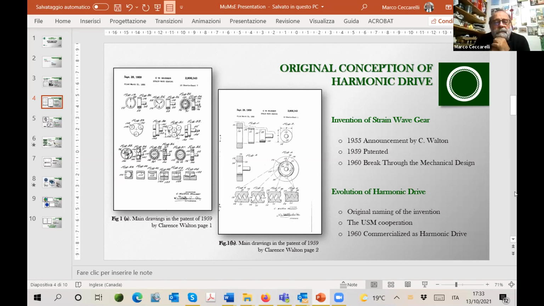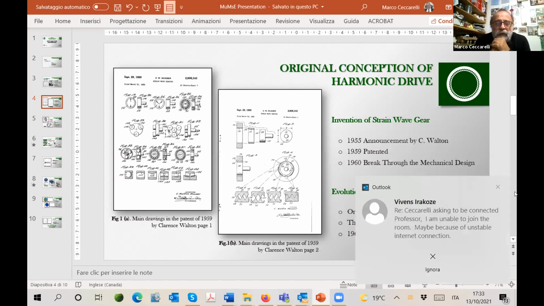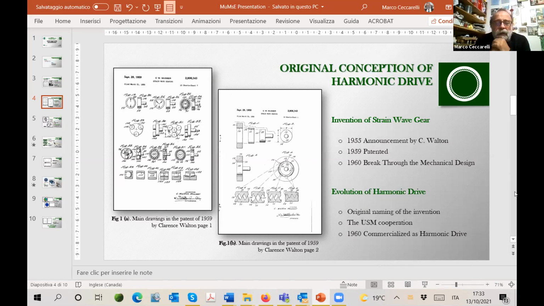You may know that now the harmonic drive can also reach a ratio of 1 to 500. At that time, he could reach 1 to 100, which was much more than any gear train, even an epicycloidal solution, could achieve with a small, compact design.